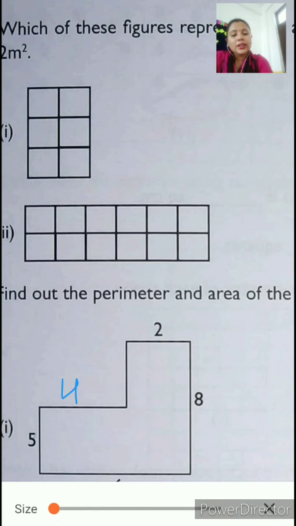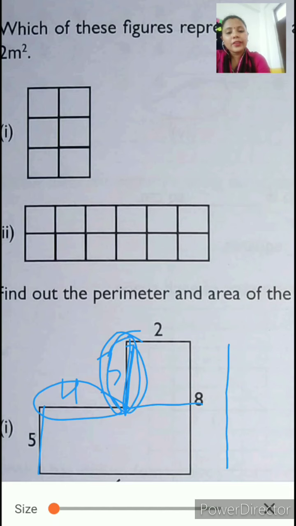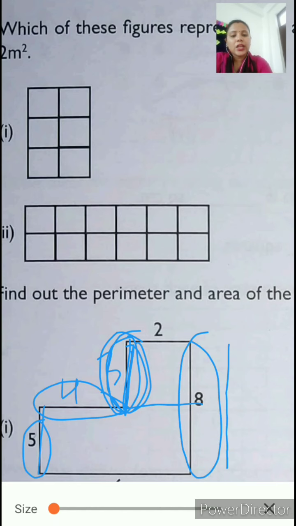Now here this portion is 8 and this one is 5. So this one is 8 minus 5, 3. This one is 4, this one is 3. Why 3? Because 3 plus 5 is equal to 8. Clear?